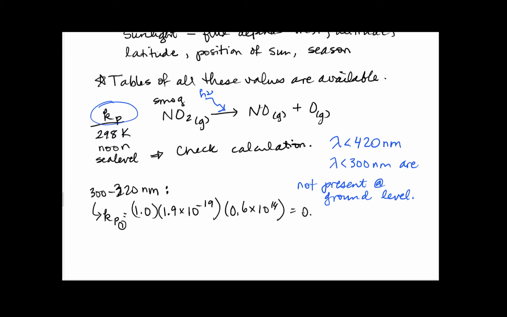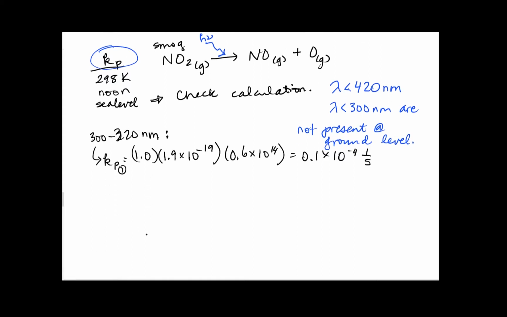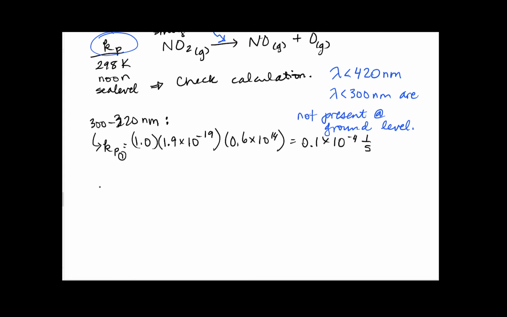We multiply all of those together, and we get 0.1 times 10 to the minus 4 per second. This may look like a pretty small number, but we actually have this reaction happening relatively quickly.